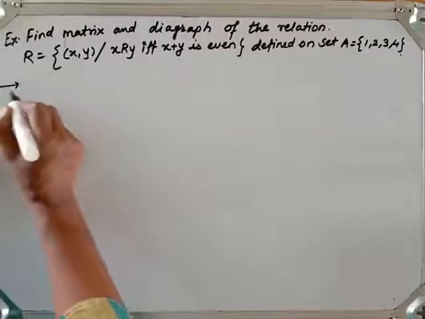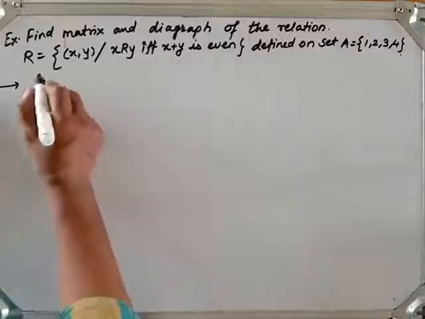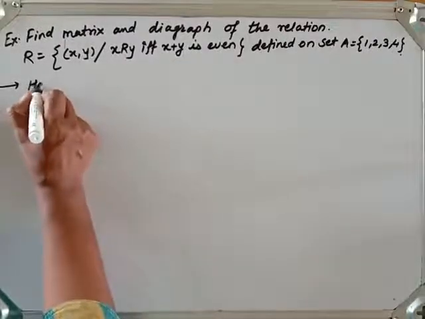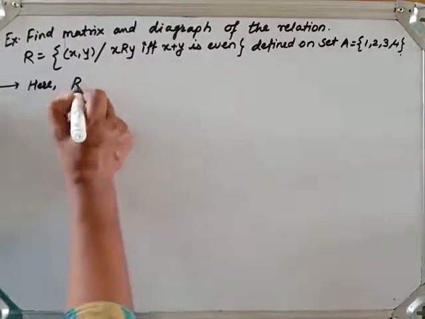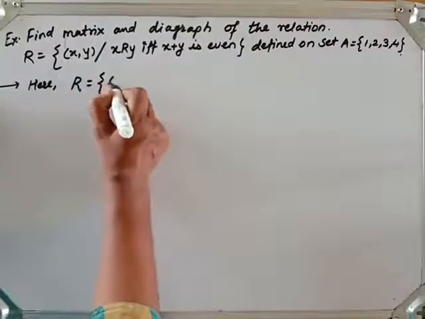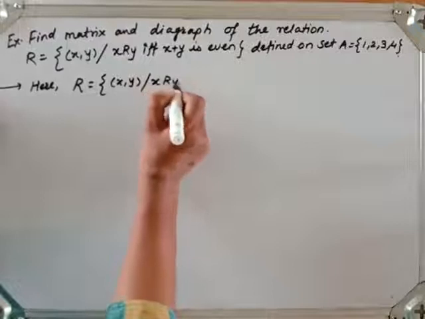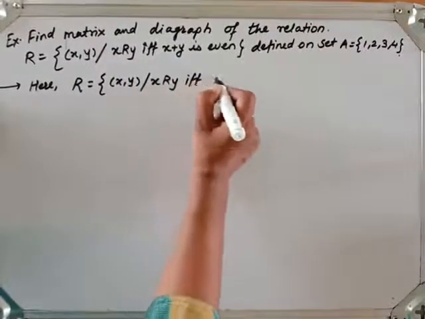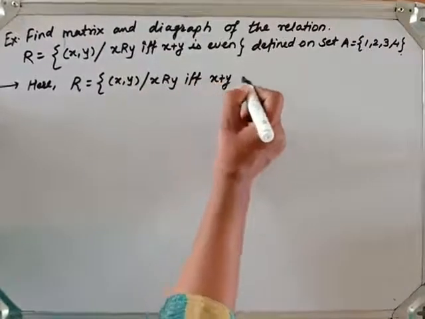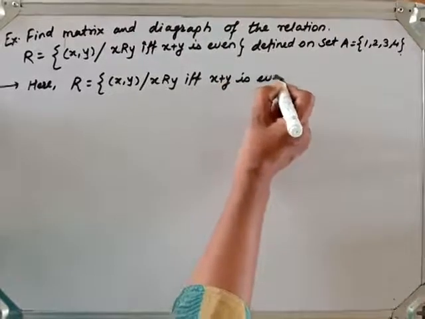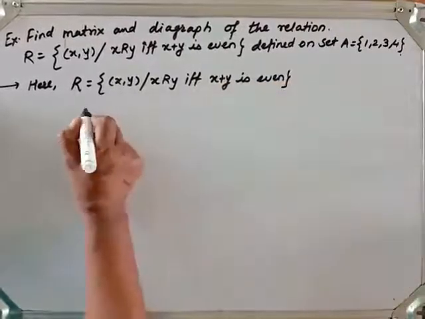So let us find the relation first. So the relation will be: here R is such an ordered pair such that x is related to y if and only if x plus y is what? Even. X plus y is even.